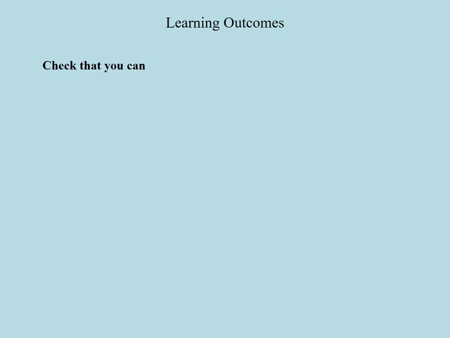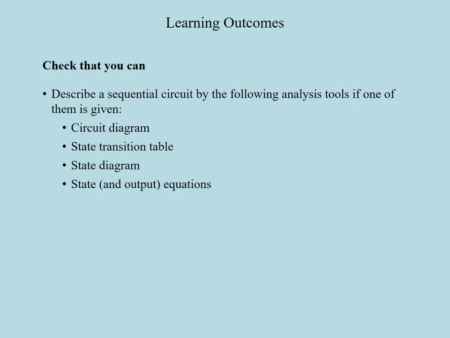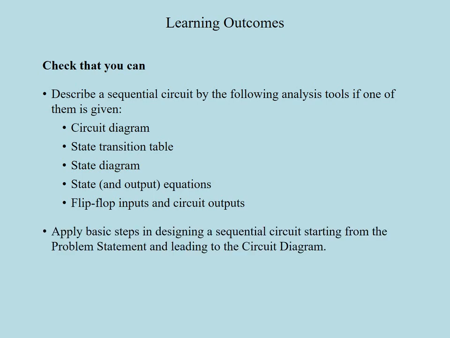That is, that you can describe a sequential circuit by any of the following analysis tools if one of them is given: circuit diagram, state transition table, state diagram, state and output equations, flip-flop inputs and circuit outputs. And that you can apply basic steps in designing sequential circuits starting from the problem statement and leading to the circuit diagram.